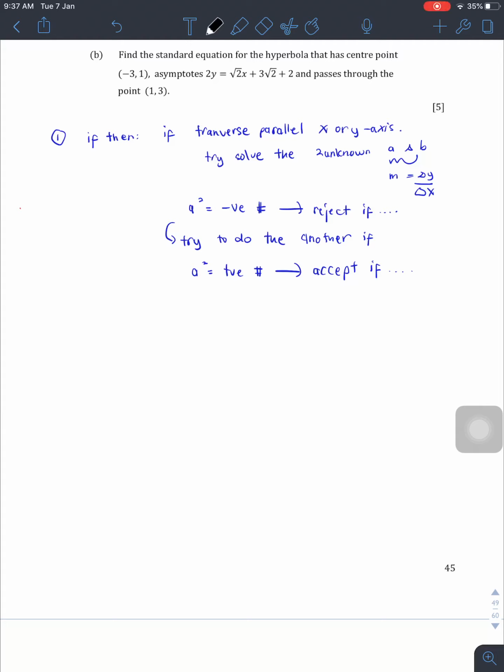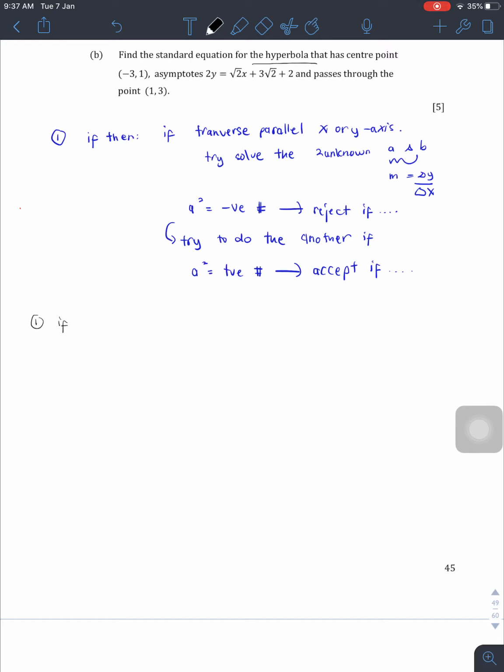Alright, for example, like this one, I tried to solve the first method. Okay, now what I would do first is, whatever your hyperbola is transverse to.